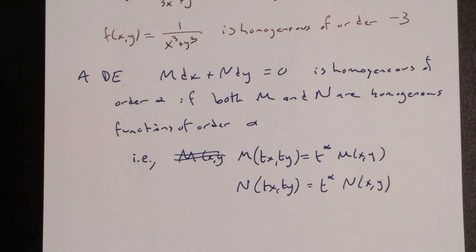One of the other textbooks I was working with didn't write homogeneous this way. They decided to pick one of the variables, x or y, and divide by it. So I'm either going to do x over y, or I'm going to do y over x. Which way do you want to do it?